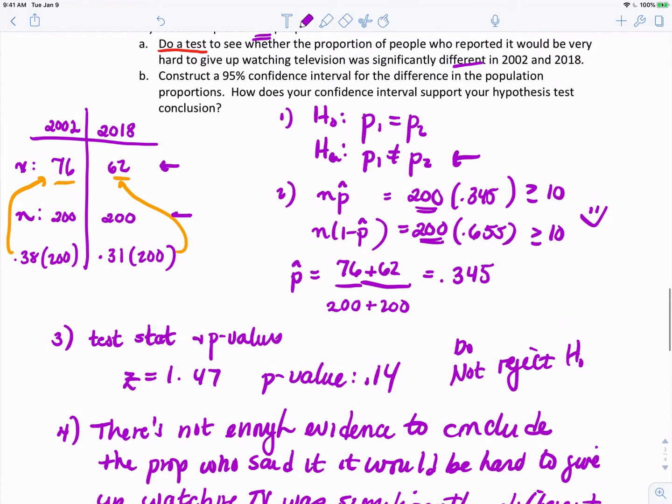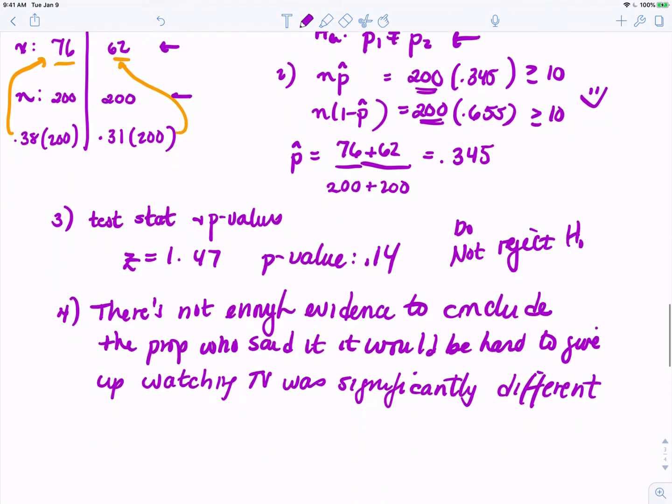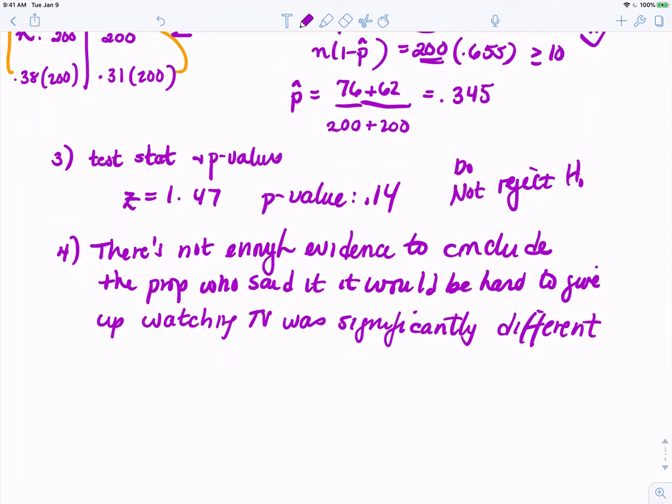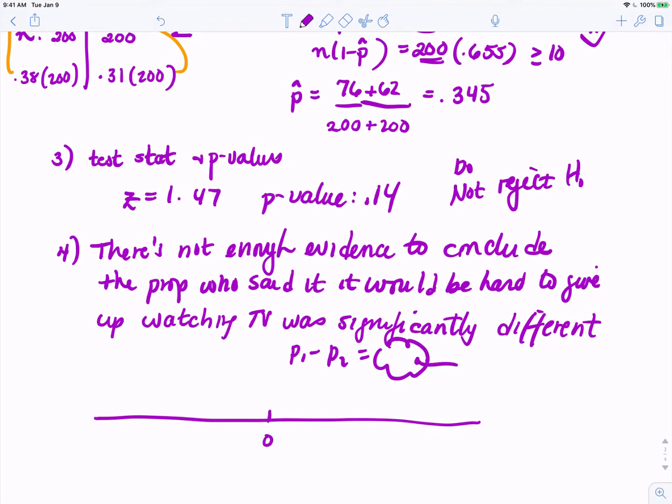Finally, construct a 95% confidence interval for the difference in the population proportions. How does your confidence interval support your hypothesis test conclusion? Okay, so we're going to make the interval in a second, but remember the key number when you're looking at confidence intervals for the difference of population proportions. In other words, if we were to subtract the population proportions, what are our possible answers?